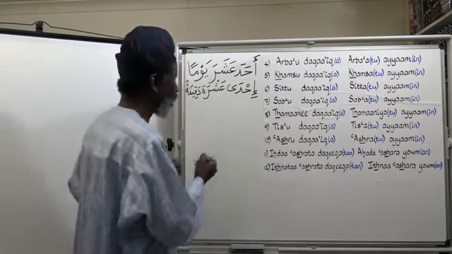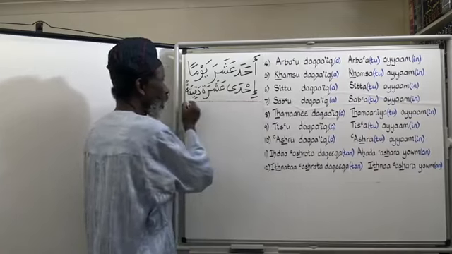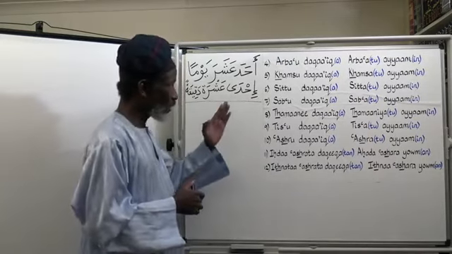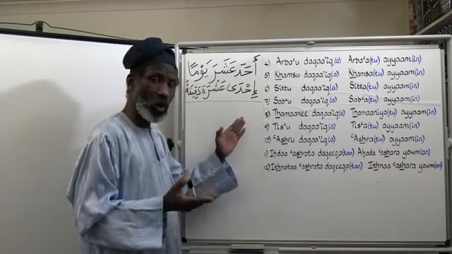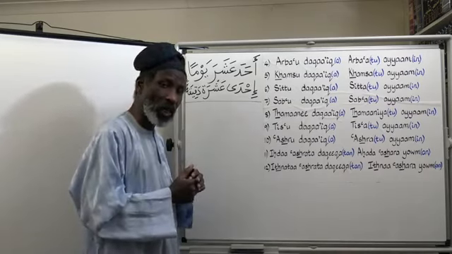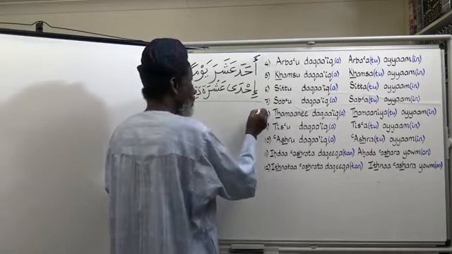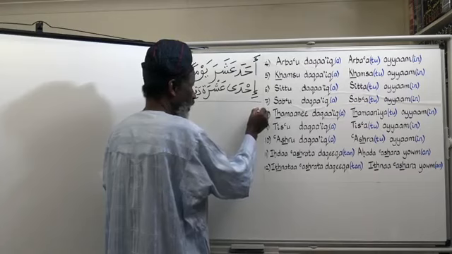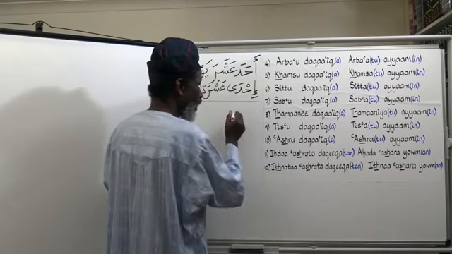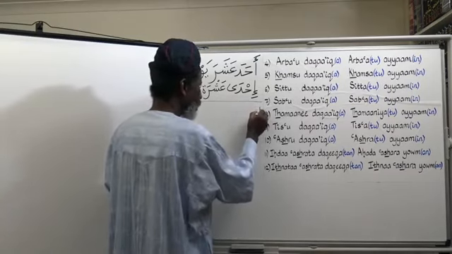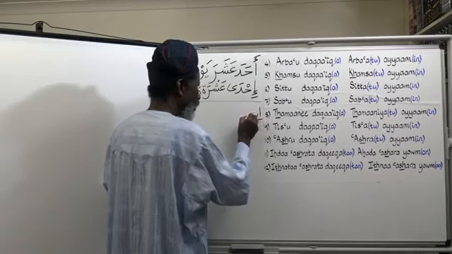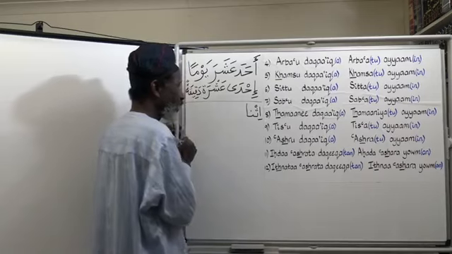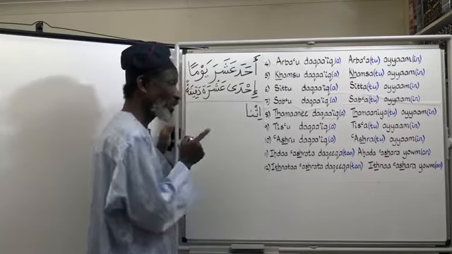Let's now move to number 12. Number 12 follows the same rules in this case, because number 2 will always be the same gender. So we're going to use masculine because we're going to count days first. We will say إثنى, we're not going to say إثنان.